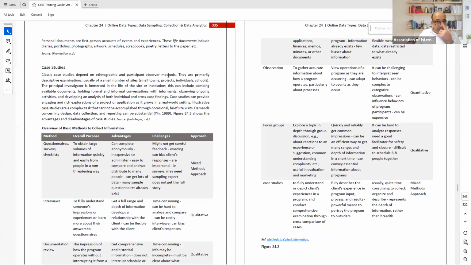Case studies are part of the ethnographics. Ethnographics is, as I mentioned to you before, you become part of the project, and this project is not finished in one go. It is not the observation, it is not the interview that starts and ends at the same time.